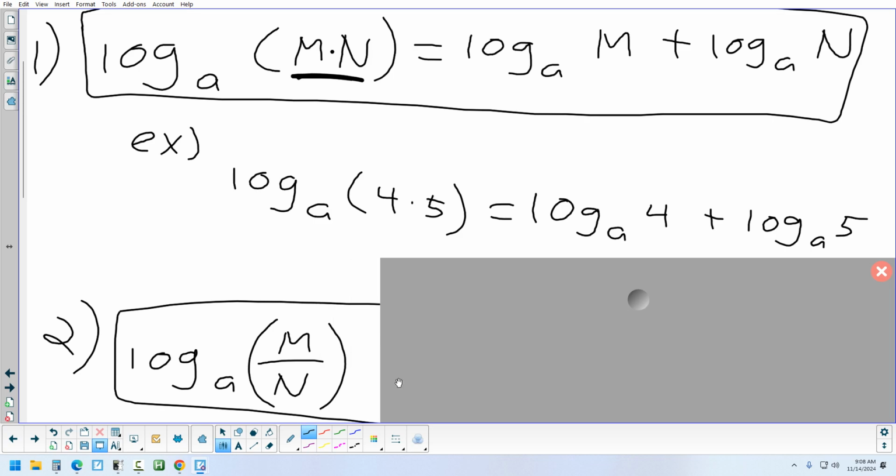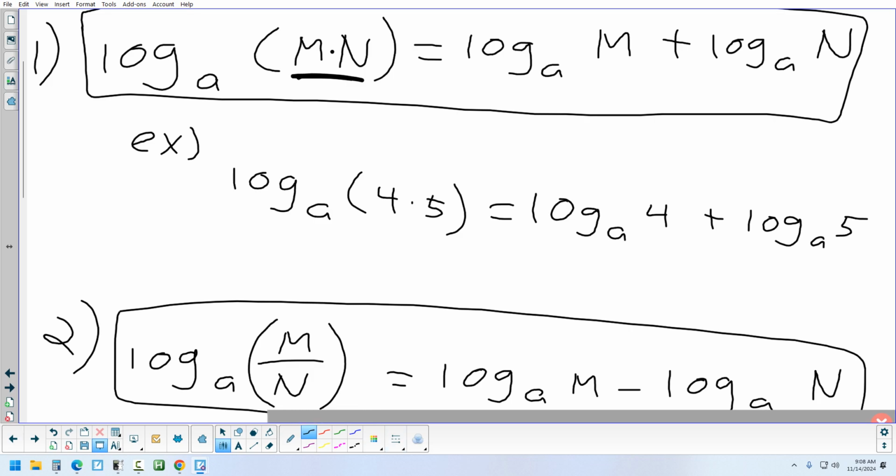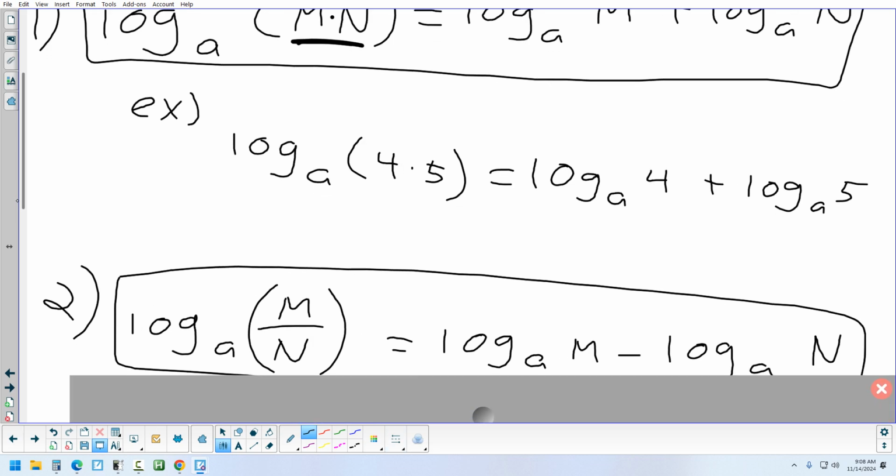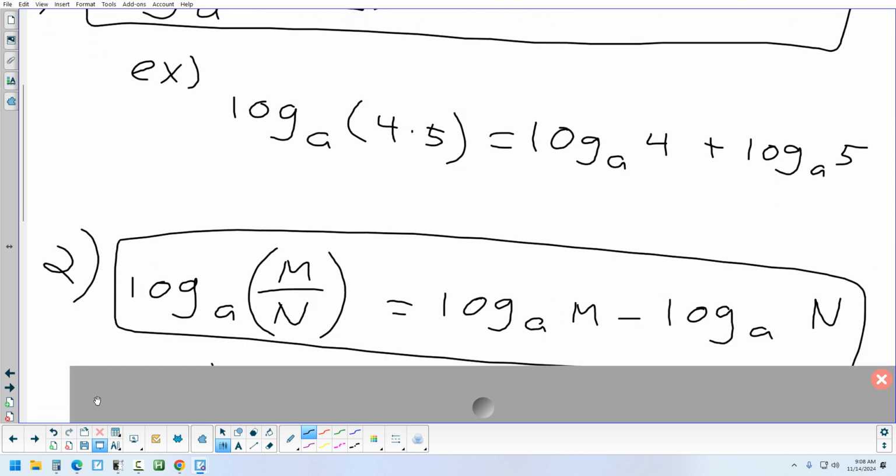All right. What about, instead of a product, a quotient? How do you think a quotient would split up? Yeah. You subtract. Yeah, a quotient is going to split up into subtracting two logs. The key here, though, is because it is subtraction, the order matters.